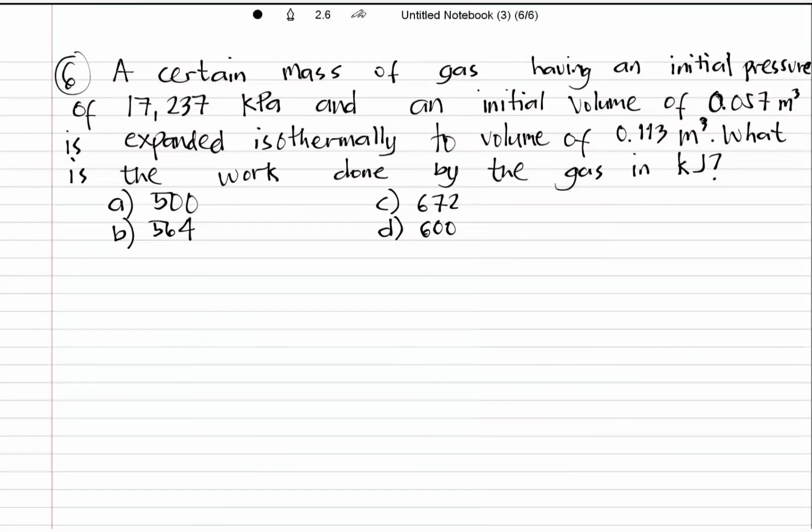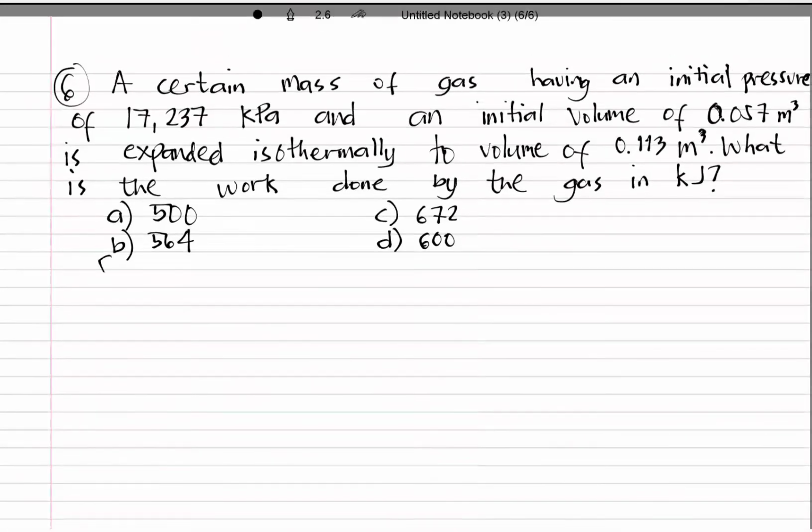What is the work done by the gas in kilojoules? So, solution for this, again, sabi dyan isothermally, meaning to say, T sub 1 is T sub 2. So, isothermal process, constant temperature. Again, T is equals to C.